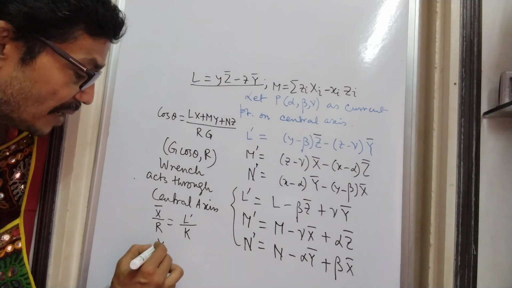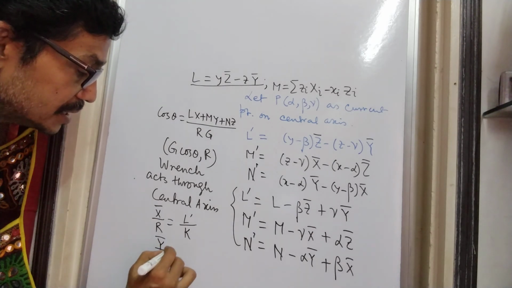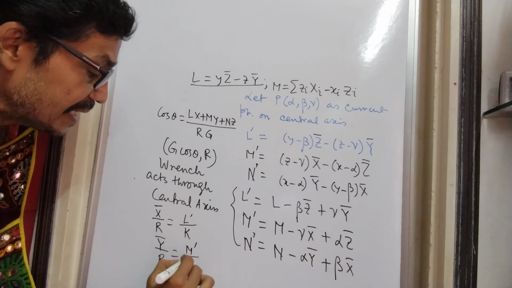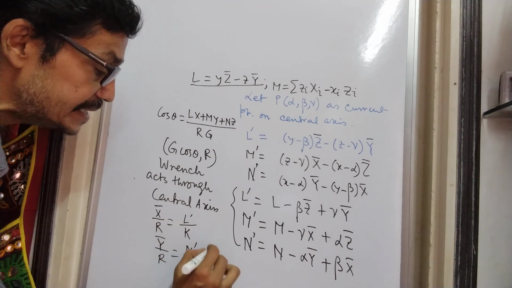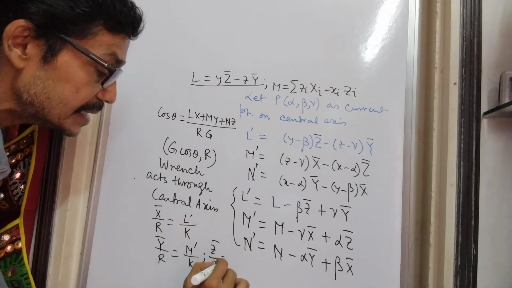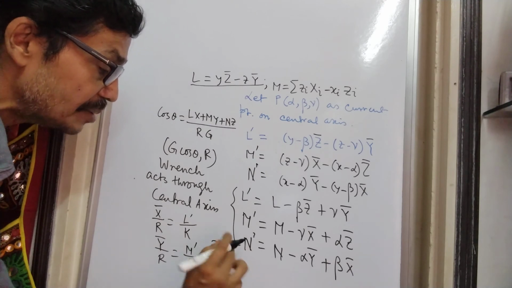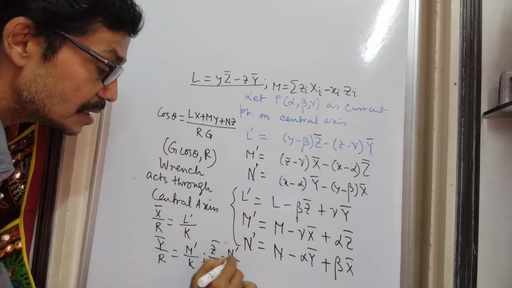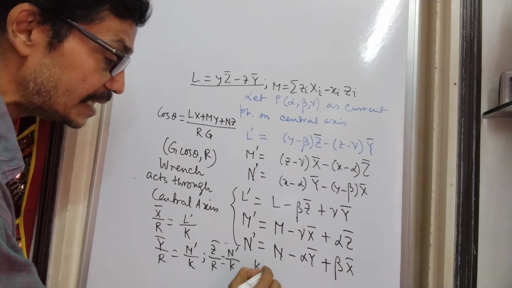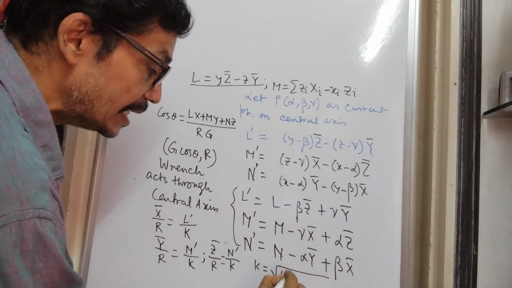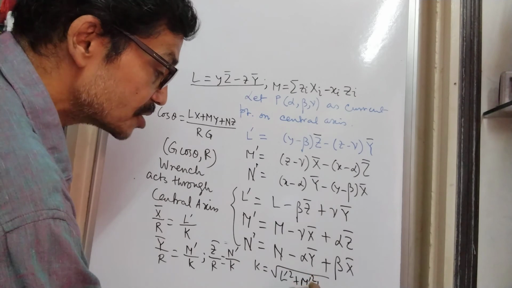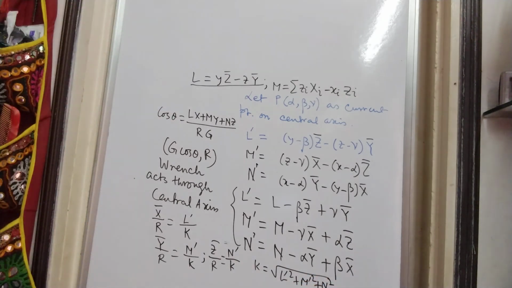Similarly, Y bar by R is equal to M prime by k, and Z bar by R is nothing but N prime by k, where obviously k is the resultant of all this, L prime square plus M prime square plus N prime square.